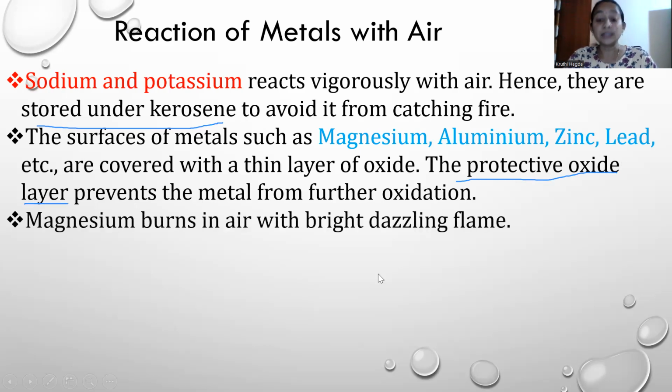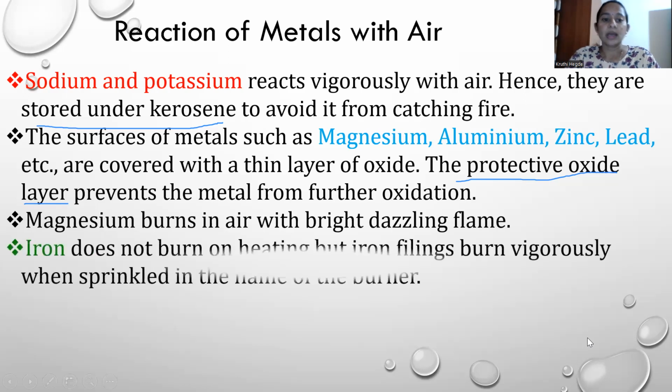magnesium burns in air to produce a dazzling flame. In the first chapter, chemical reactions and equations, we have seen that magnesium burns in air to produce a bright, dazzling flame. Iron does not burn in flame, whereas iron filings, if sprinkled over the flame of the burner, can burn vigorously.